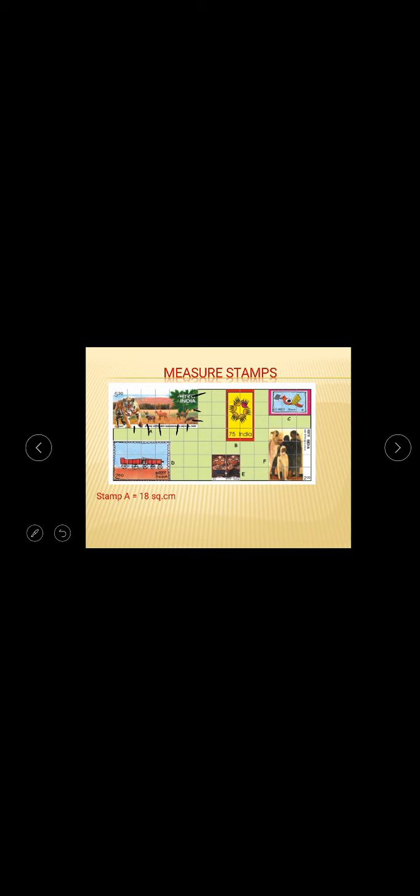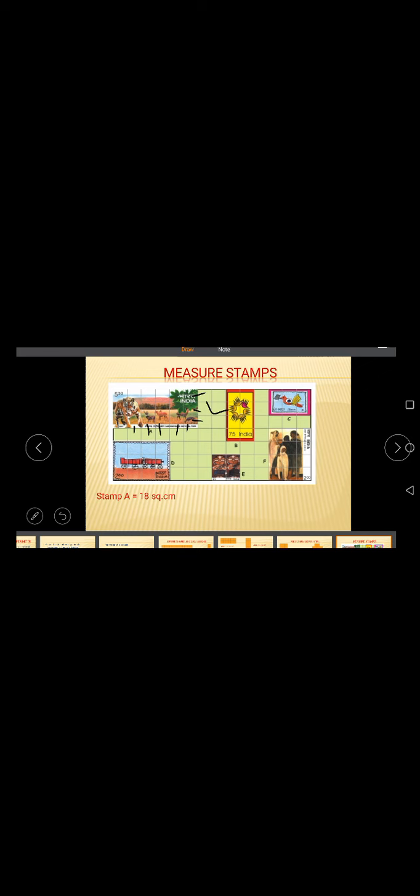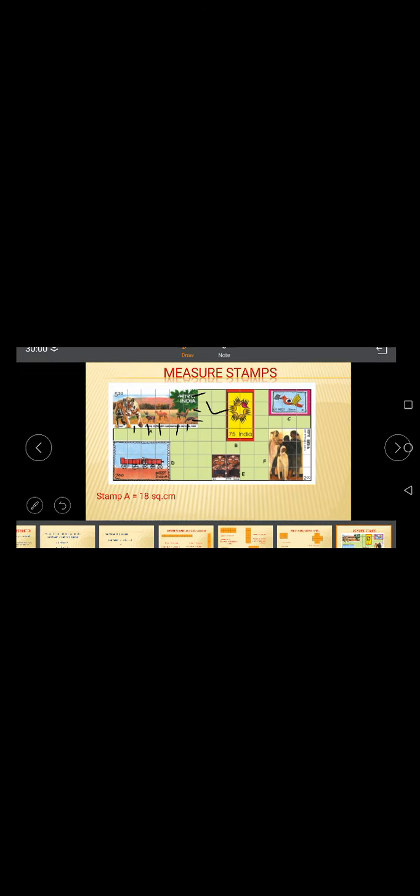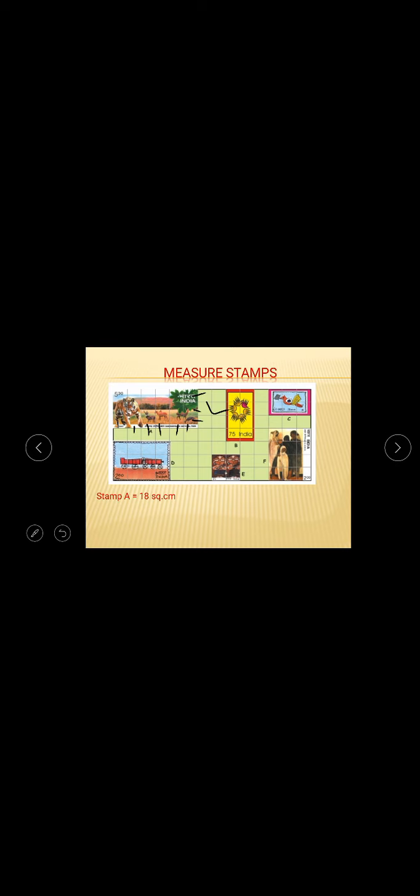Now stamp B. Here it is, stamp B. You can count 1, 2, 3, 4, 5, 6, 7 and 8. There are 8 square boxes in this stamp B, so the area is 8 square centimeter.